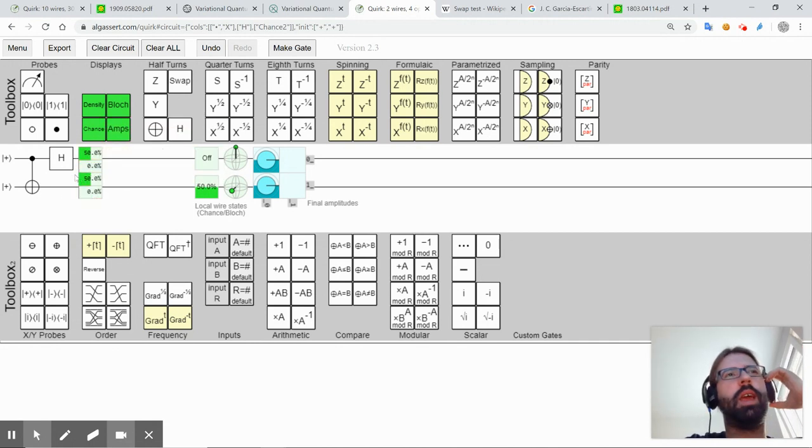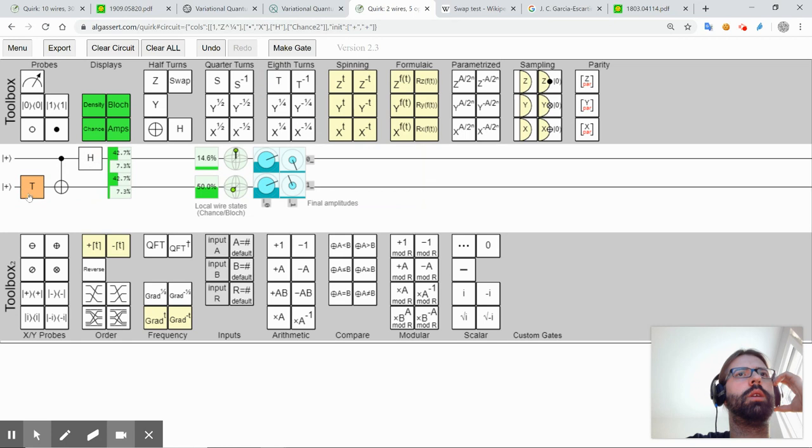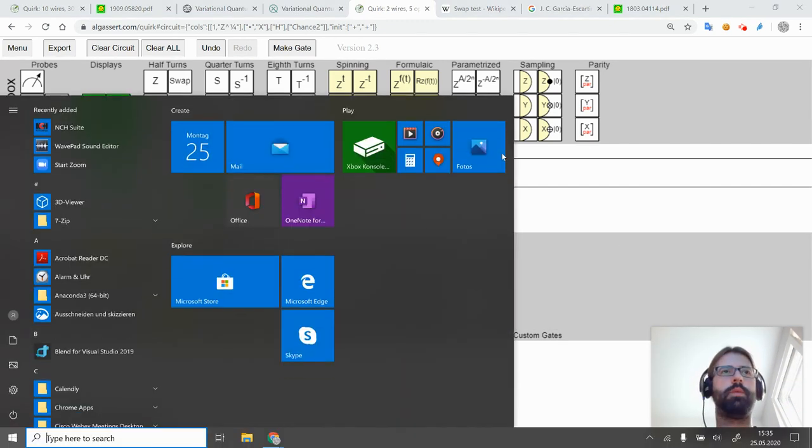Okay, but how does this tell you, for example, what if I do like a T or something? Look at these, of course. So now you would have, can I open the calculator?